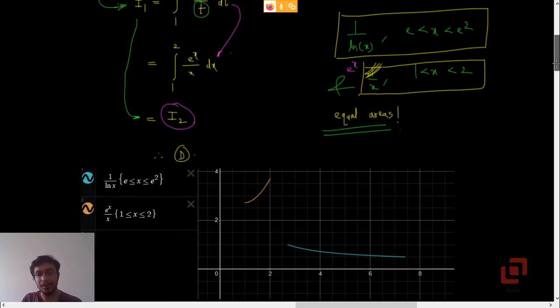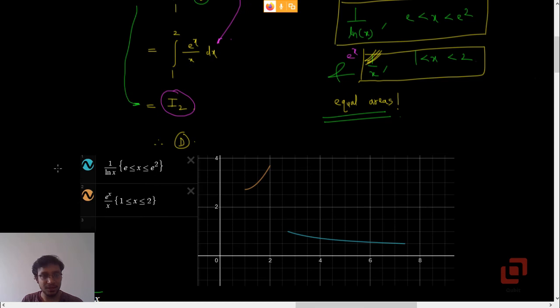Let's now go to this. The blue curve is that of 1 upon log x when x lies between e and e squared. So this is e and this is e squared, and this is the area, the value of I1.